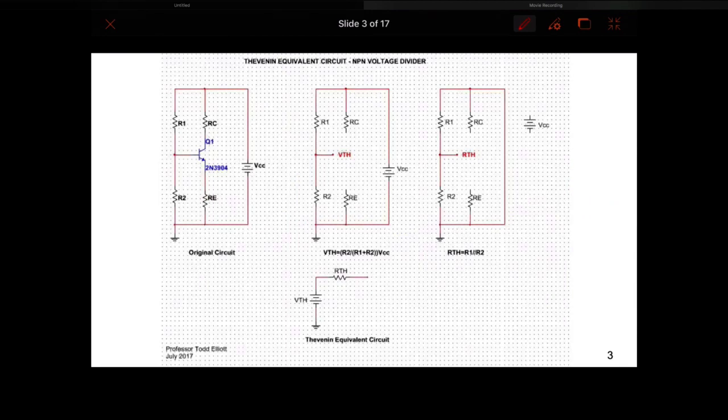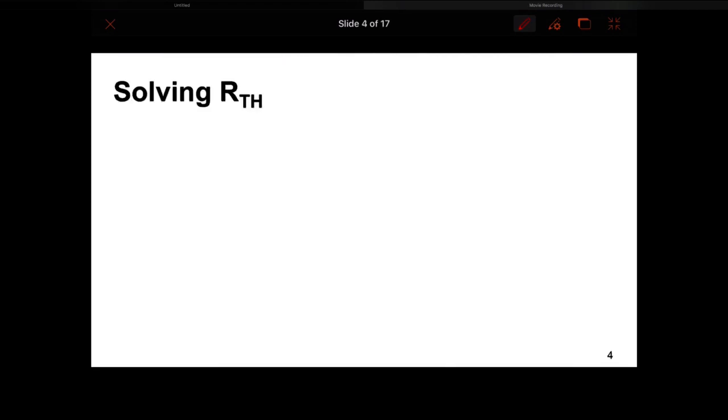Again, this is the Thevenin equivalent circuit for the voltage divider. And again, we need to solve for RTH and VTH as per usual. So RTH is going to be R1 parallel with R2.